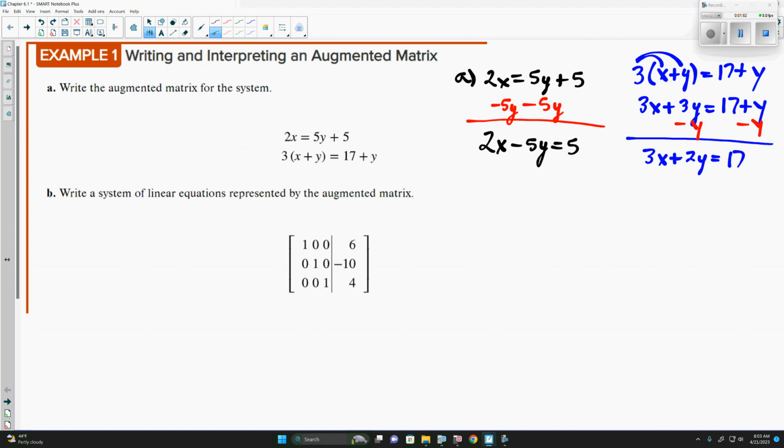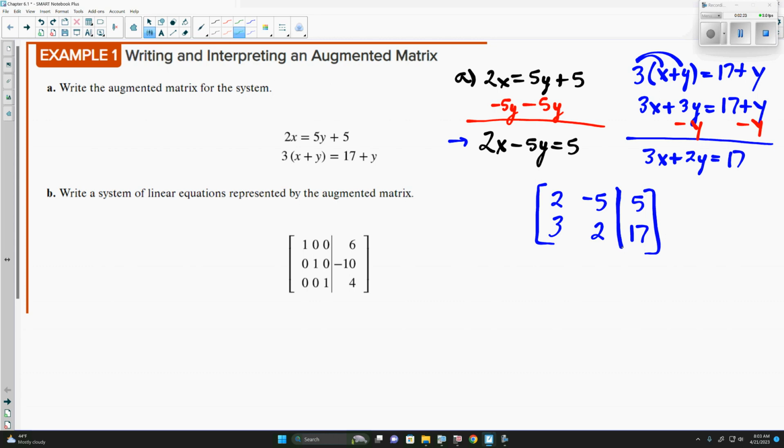And when we write an augmented matrix, we're just taking the coefficients of each equation. So for the first one here, we'll have 2 from x, negative 5, 5. And with the other equation, we'll have 3 from x, 2 from y, and then 17. And this would be the augmented matrix. Now, sometimes we do draw a line to signify where the equal sign is.